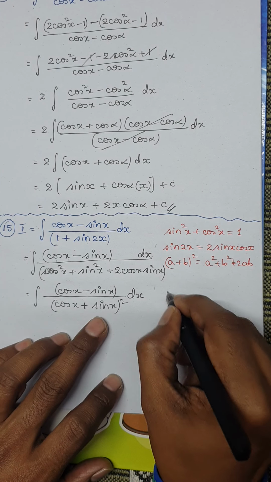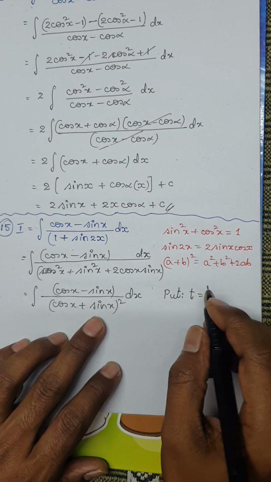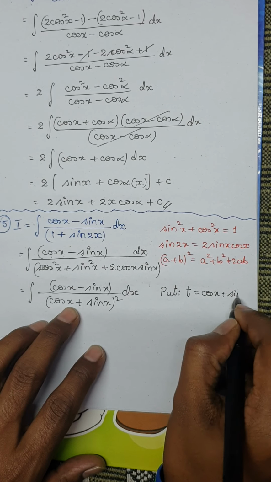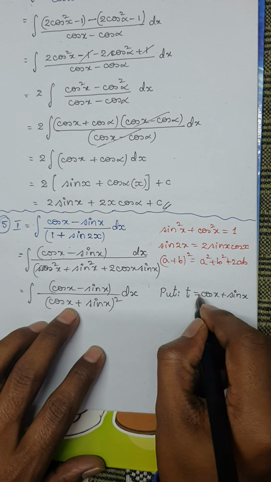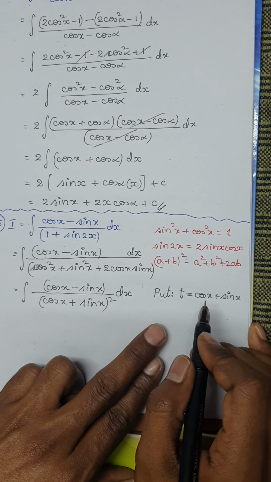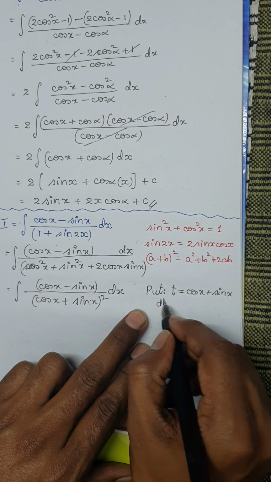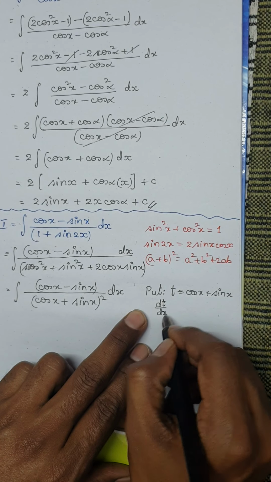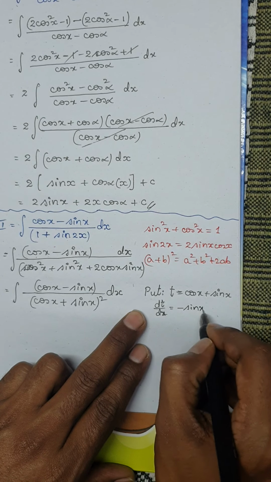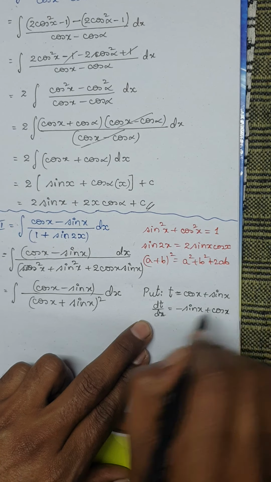Let me put t as the denominator term, that is cos x plus sin x. Is it clear? So I'm going to use cos x plus sin x as t and see what happens. So dt by dx, if you differentiate with respect to x: derivative of cos is minus sin x, plus derivative of sin is cos x.